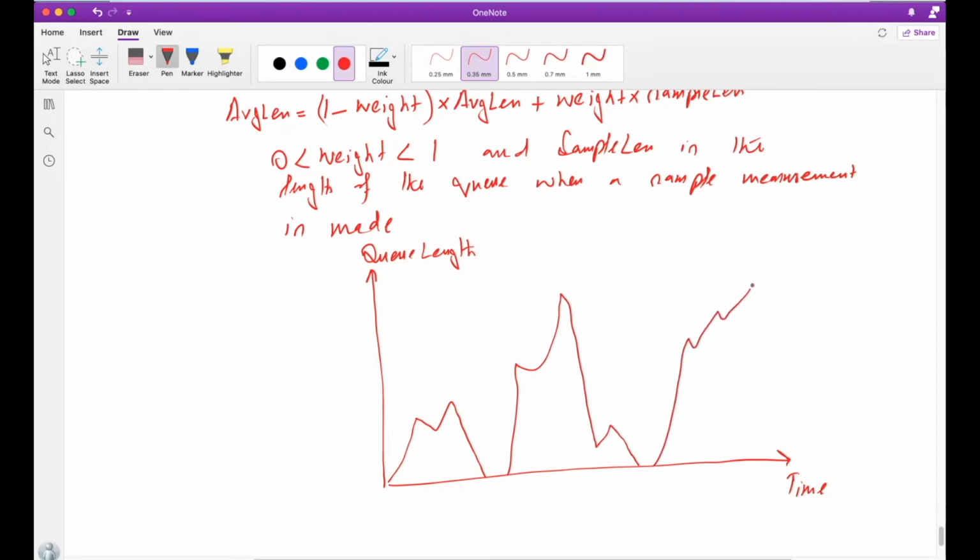Then we again have a traffic burst here.